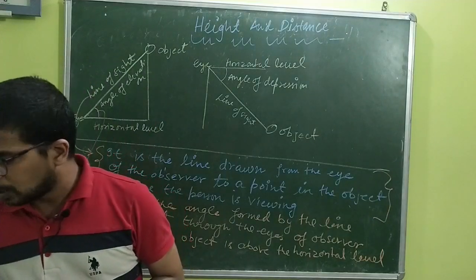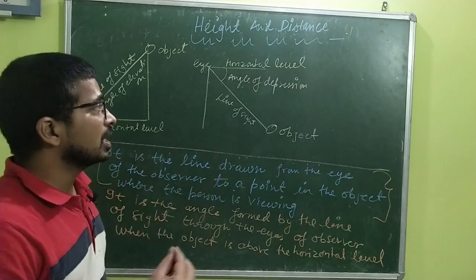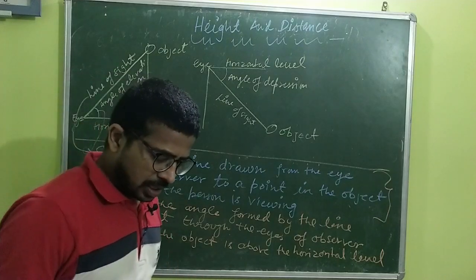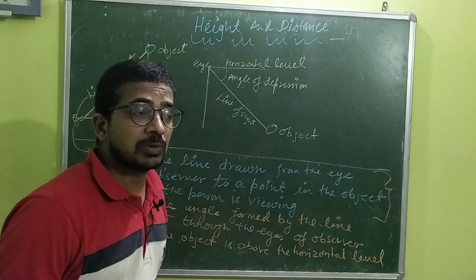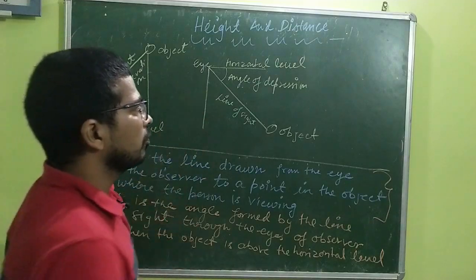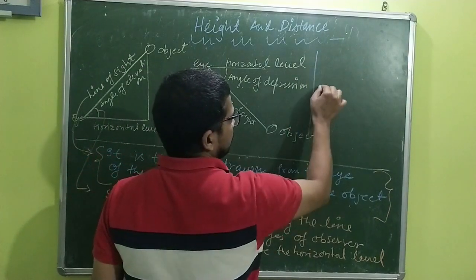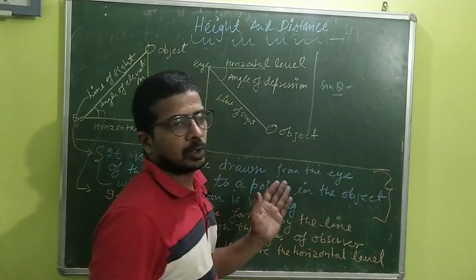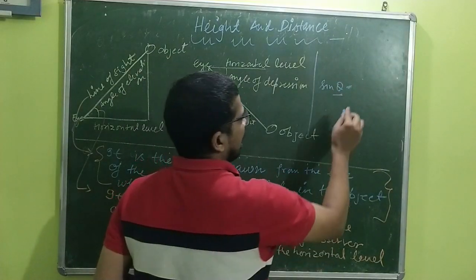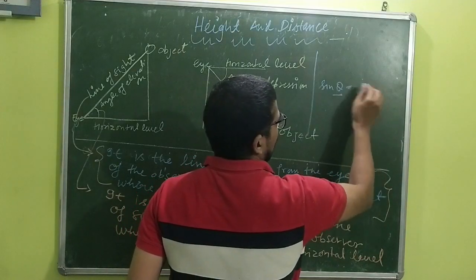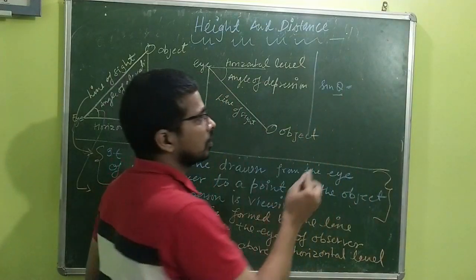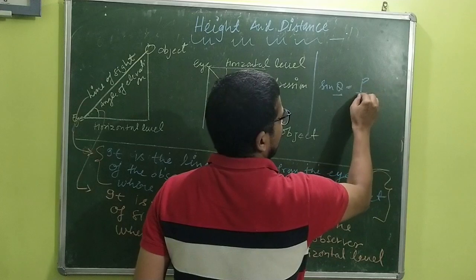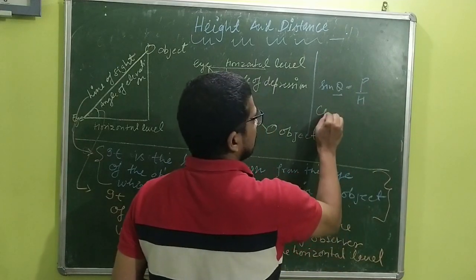So now we will revise a few topics. What were they? Sine theta is equal to perpendicular upon hypotenuse, where the perpendicular is the side opposite to the angle theta.